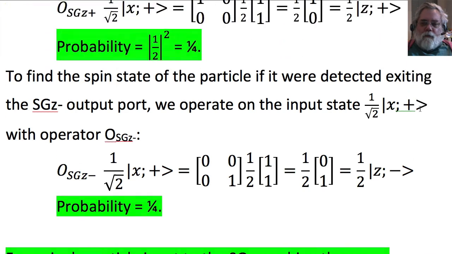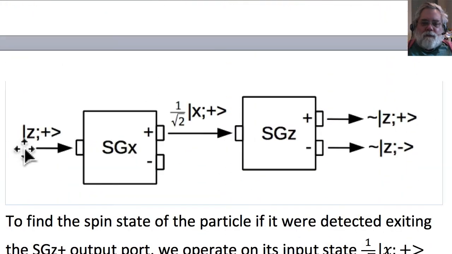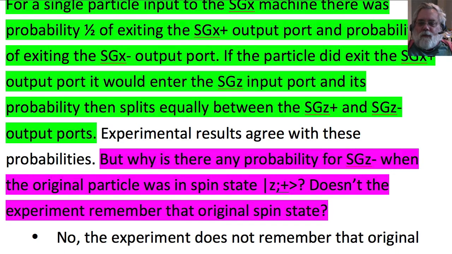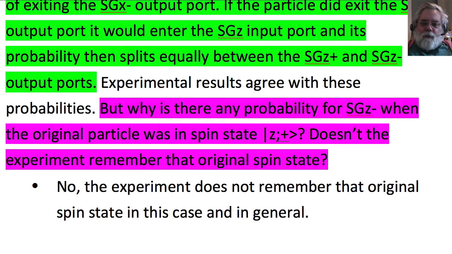The overall experiment, we started with a Z plus, and we know that Z plus and Z minus are physically orthogonal. We fed it into this box, fed it into this box, and we got out some Z minus. Whoa, this is telling us something about physical reality and spin states.